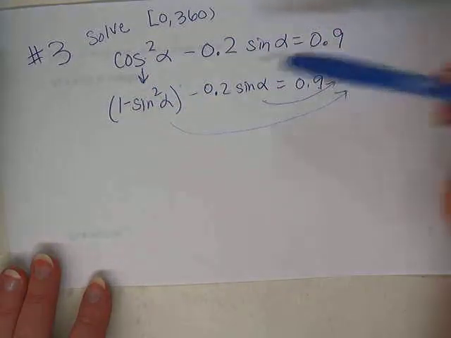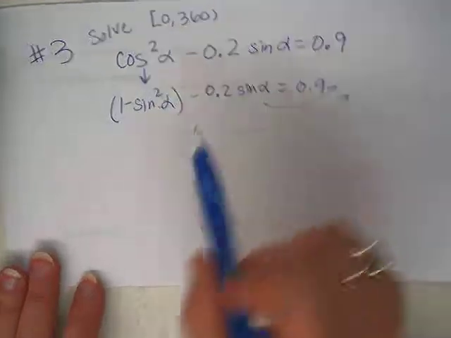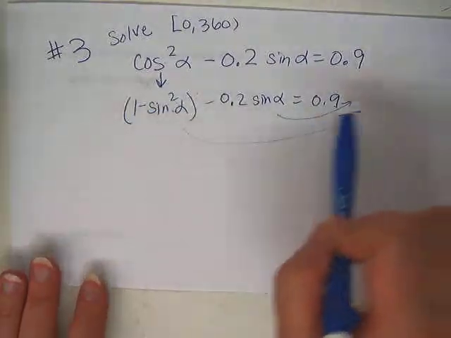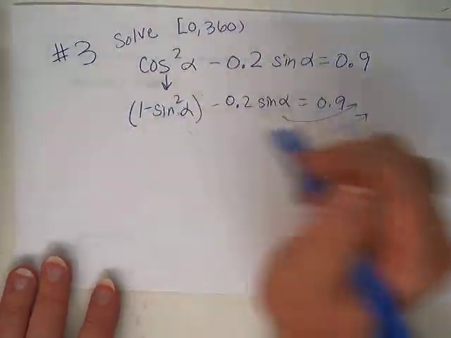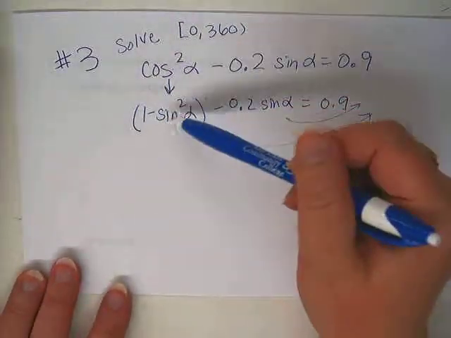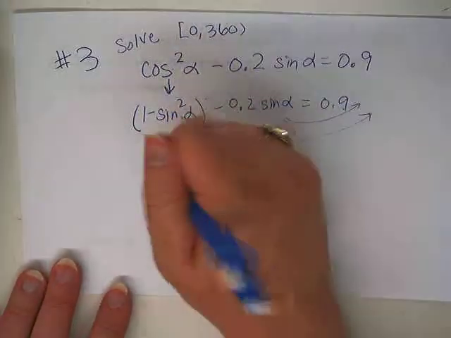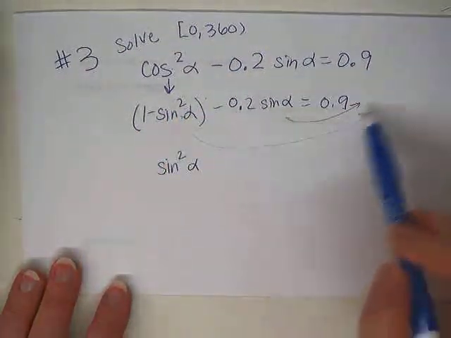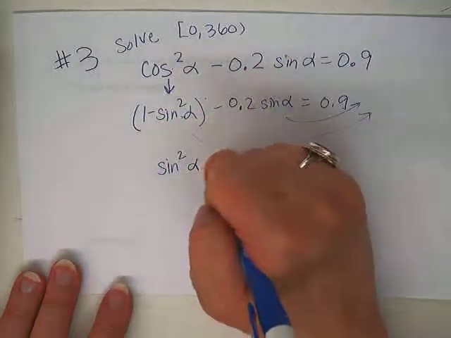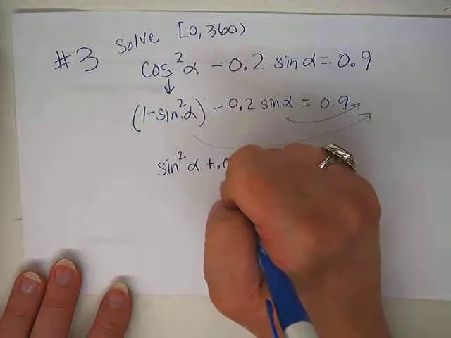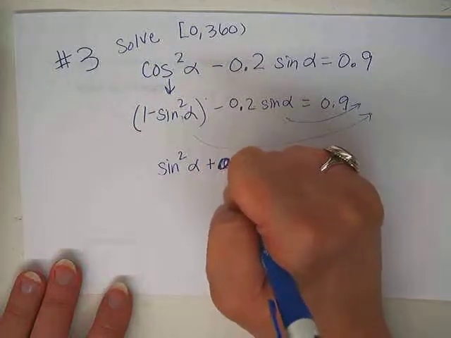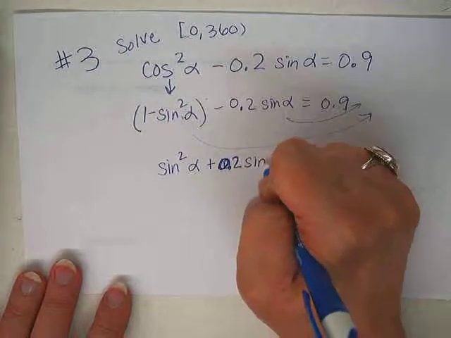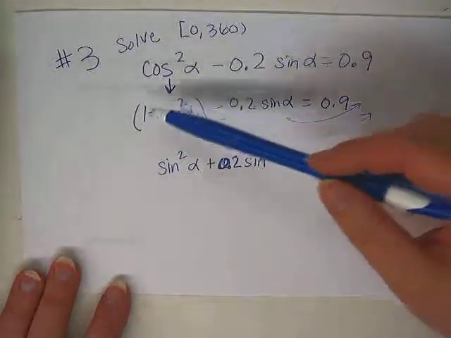Okay, so we need to now combine like terms, don't we, and get this positive. So I'm just going to plan on adding everything over here. So let's add the sine squared to the other side, which makes it a positive sine squared. Add the 0.2 sine, which turns it into a positive 0.2 sine.